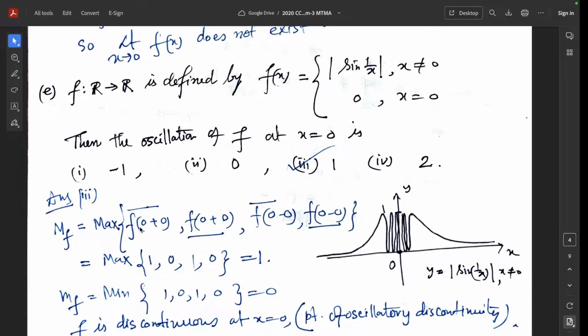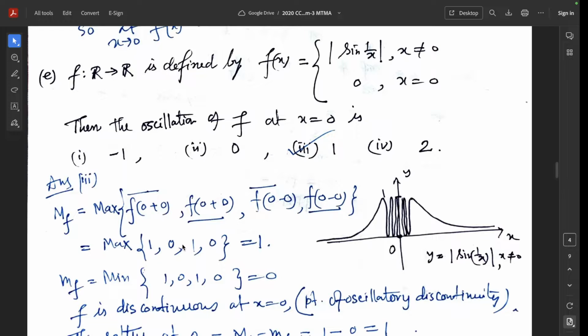Limit supremum of f at 0 plus, limit infimum of f at 0 plus, and f at 0 minus. Supremum is 1 and infimum is 0, so the maximum M is 1 and the small m is 0.